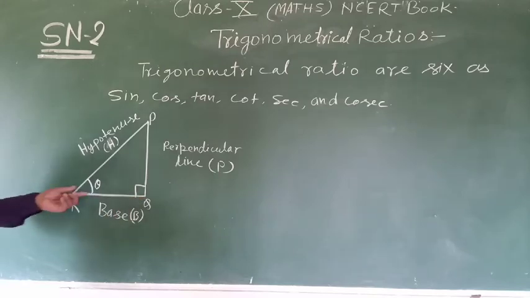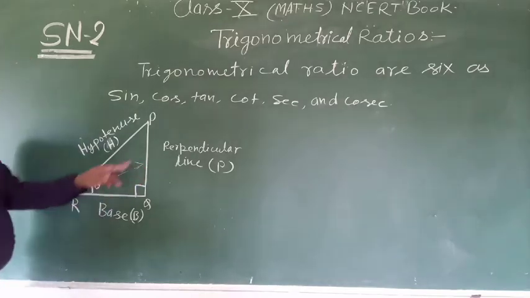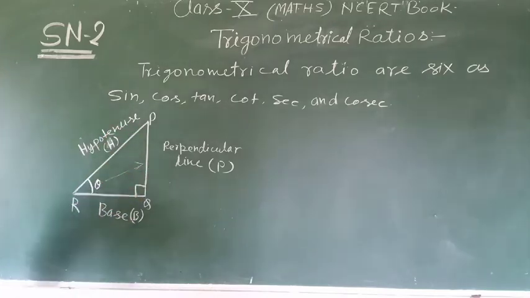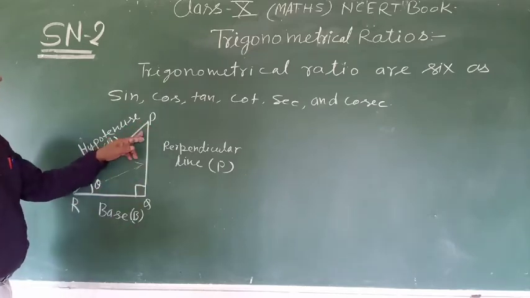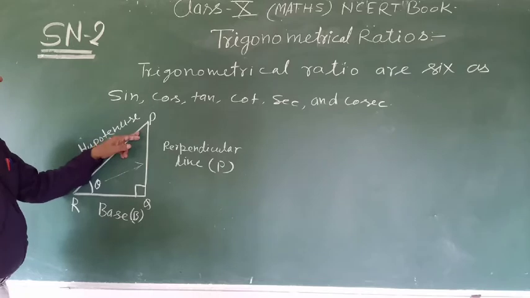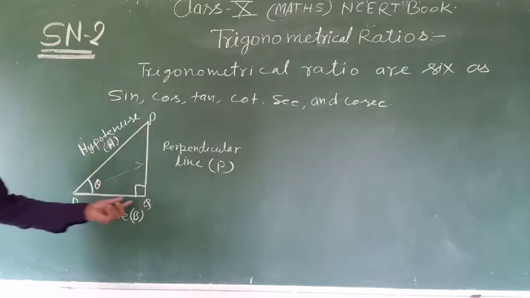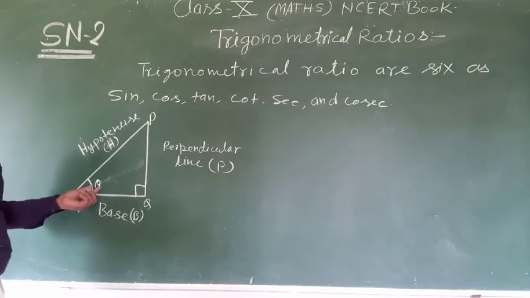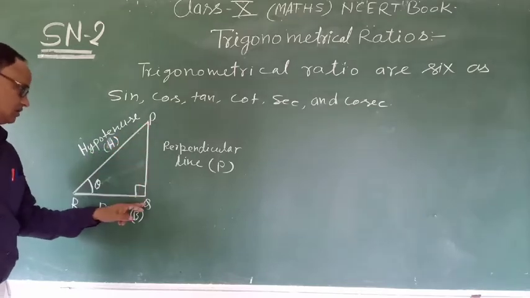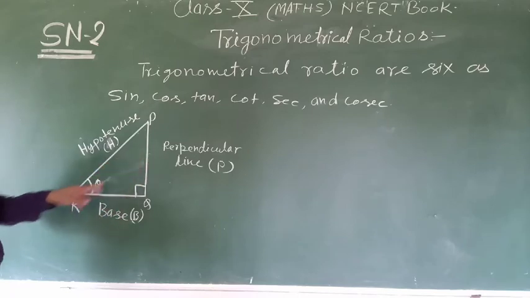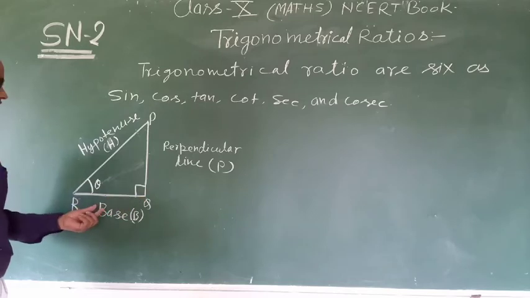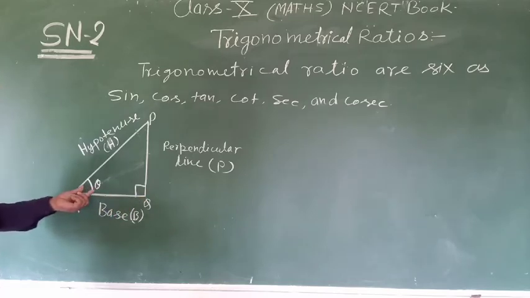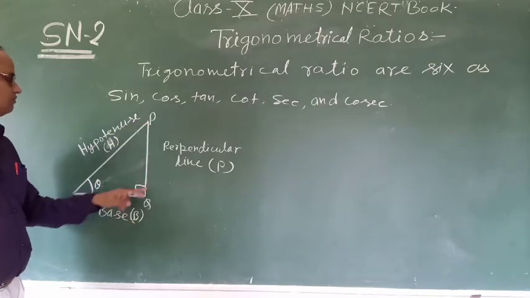Here angle R is theta, then its front side PQ is the perpendicular line, and the base is QR. The perpendicular and base depend on the angle made. If the angle is made here, then PQ is the base and its front side QR is the perpendicular line.